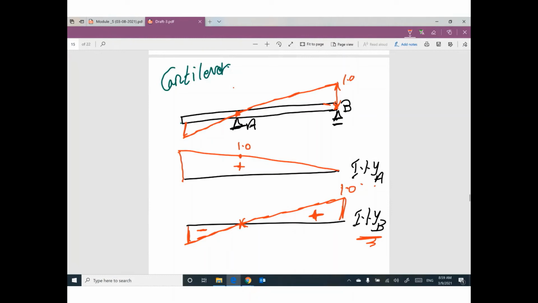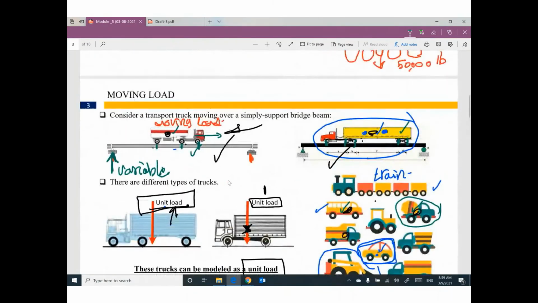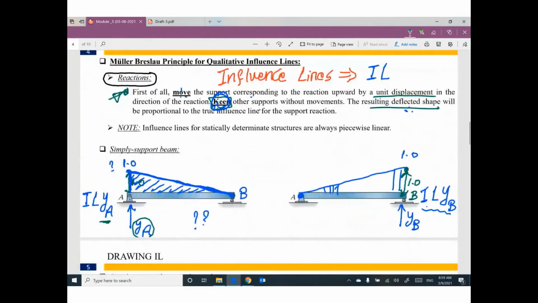So right now we learned it, I believe. What is the meaning of influence line? What is the meaning of unit load? Or what is the story behind unit load? And we learned what is the meaning of this diagram, and how to construct it with 3 words: move, keep, resulting deflected shape.